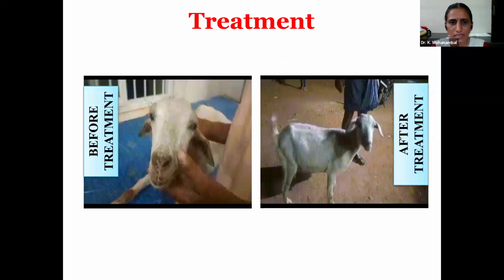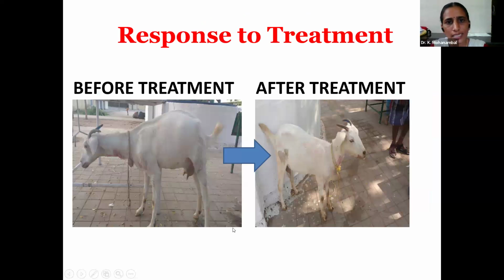And this is the animal presented before treatment, with clinical signs. The animal is in sternal recumbency with a bilaterally distended abdomen. After treatment, the animal is able to walk, urinate, and the heart rate also became normal. And this is the next case, which is presented with cyanide poisoning.